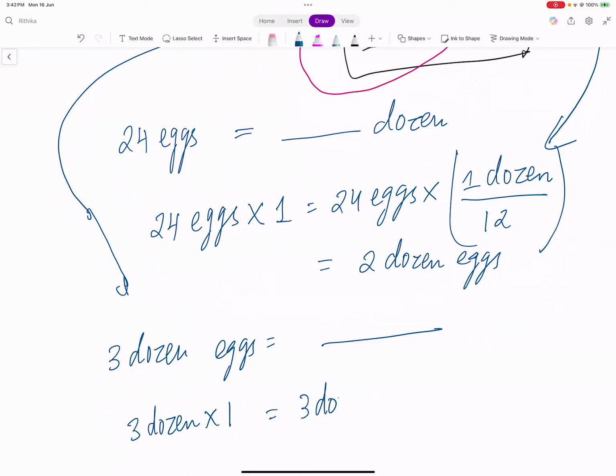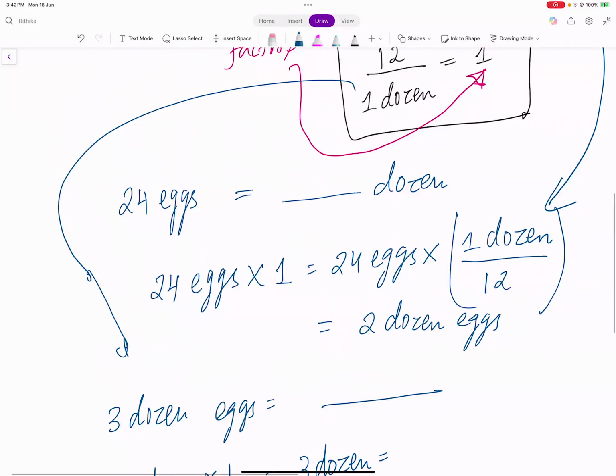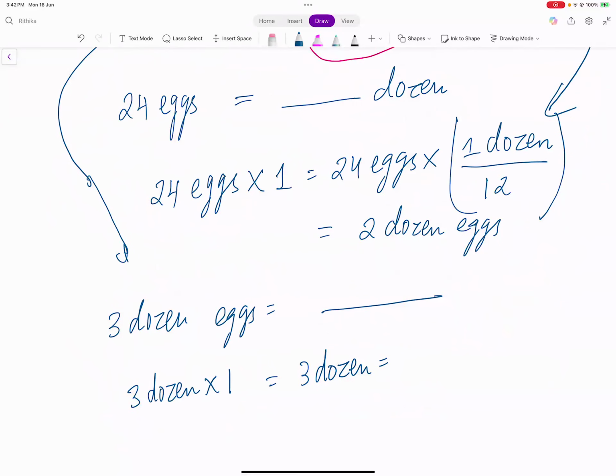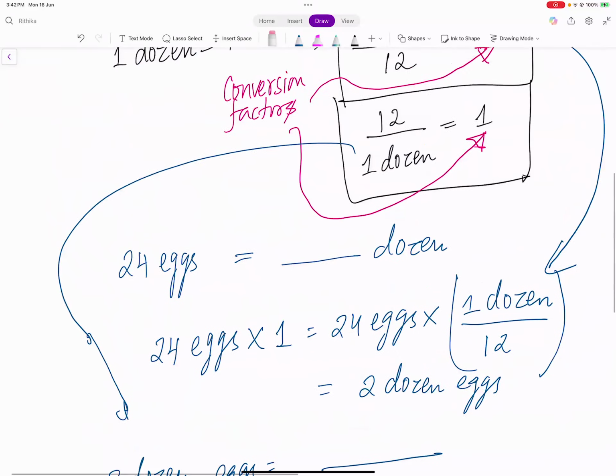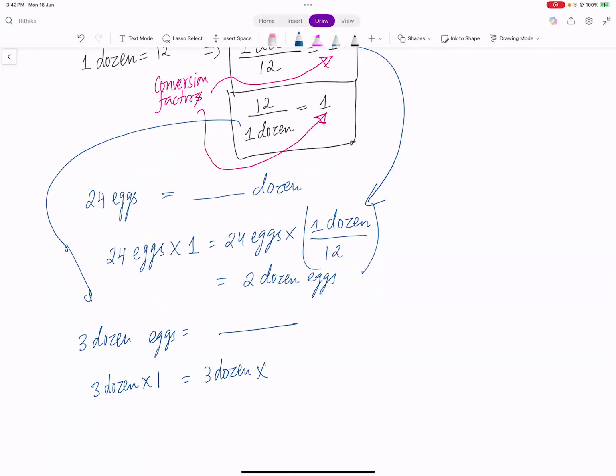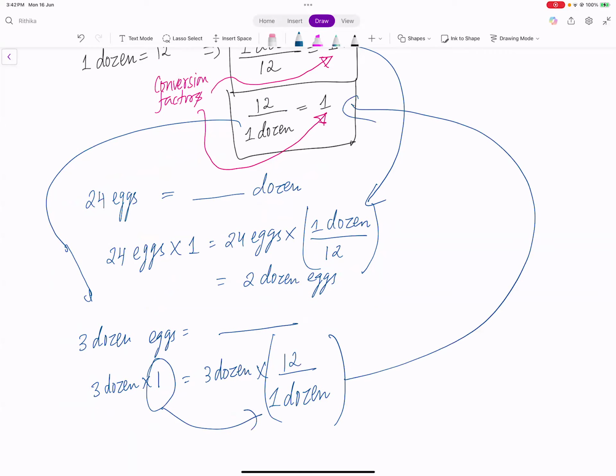And which one am I going to take? I'm going to take this one, 12 divided by 1 dozen. Why this one? Because I'm cancelling the dozens. And now this becomes 36 eggs.